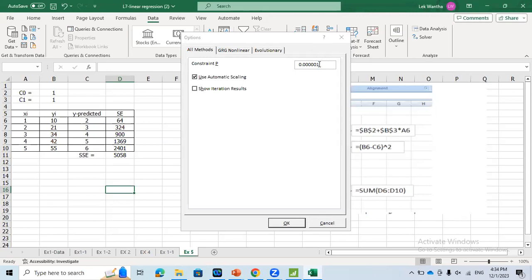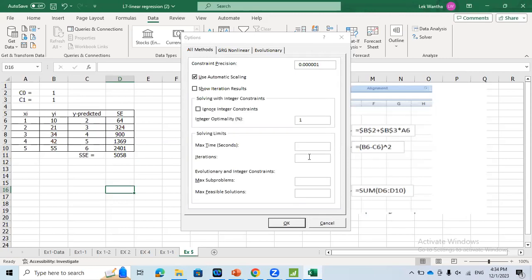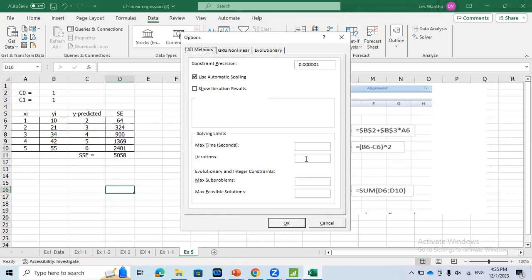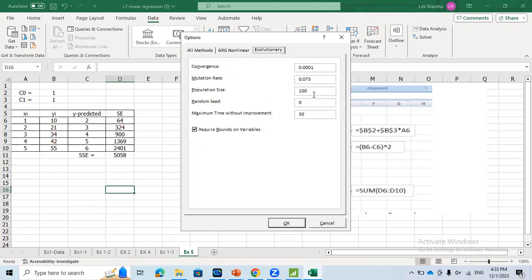And the iteration number is how many times you would like to assume values of C0 and C1. For this case, we set the iteration to 100.